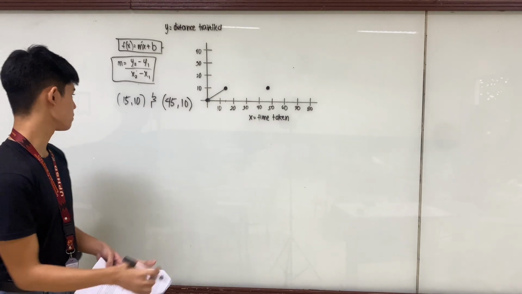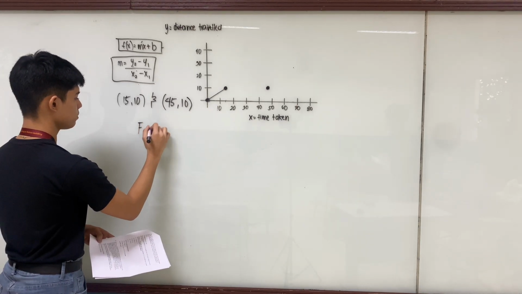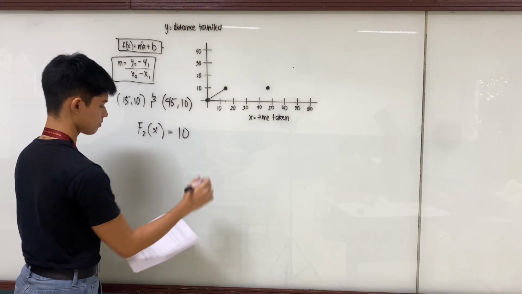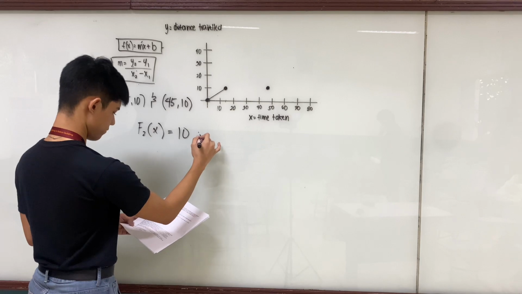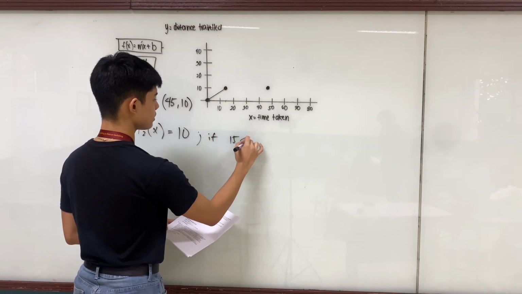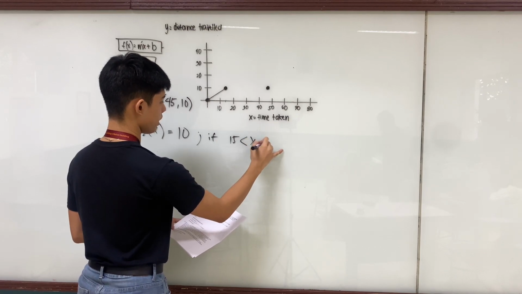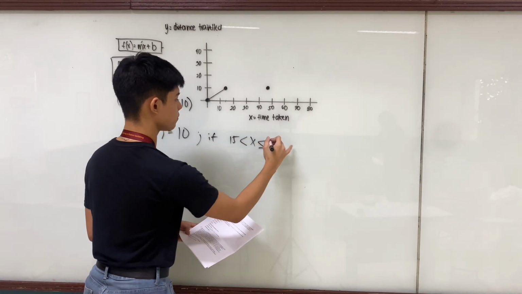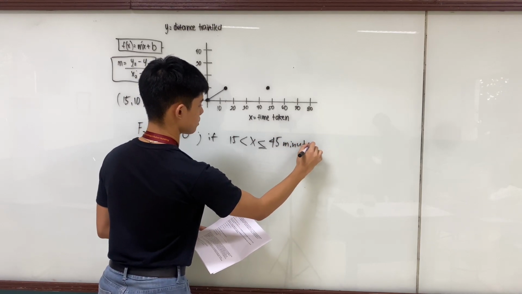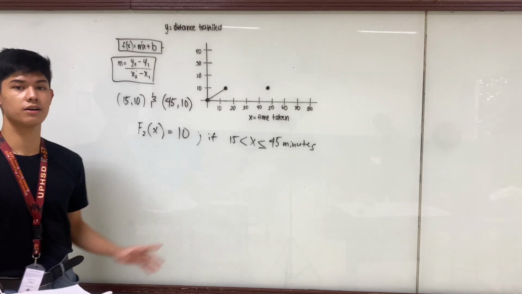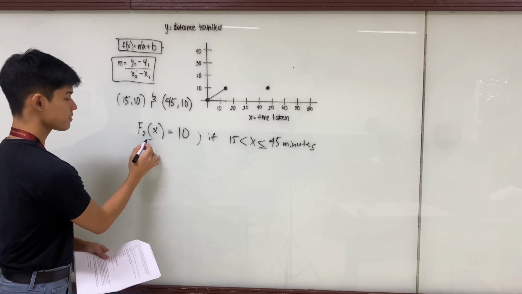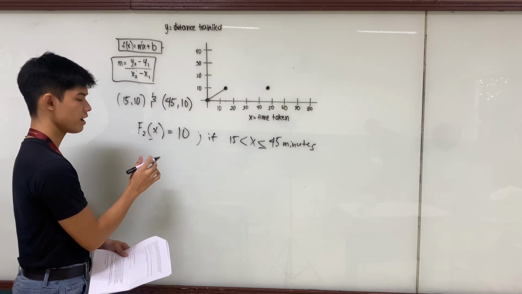So for our second function, we will have f sub 2 of x is equal to 10 if x is greater than 15 and less than or equal to 45 minutes. If you'll notice, we didn't solve anything simply because this is y.